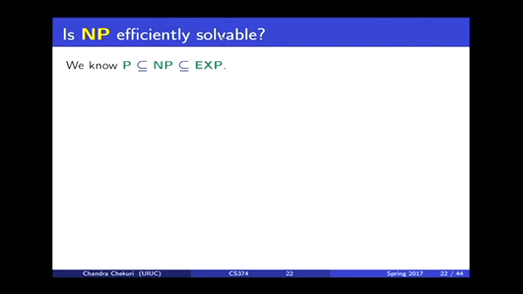Is it the case that we are simply being dumb and not being able to solve these NP problems? Or is it really the case that NP is hard, and there are problems in NP for which we don't have polynomial time algorithms? Is there an efficient algorithm for these NP problems, or is there none? Unfortunately, we don't know the answer.